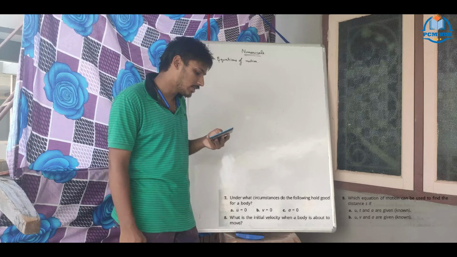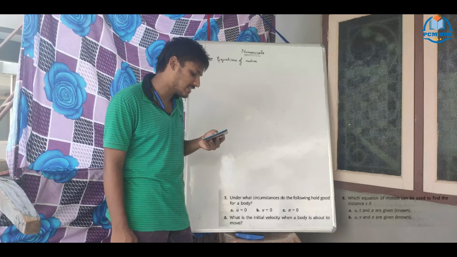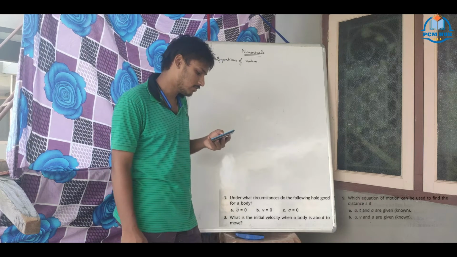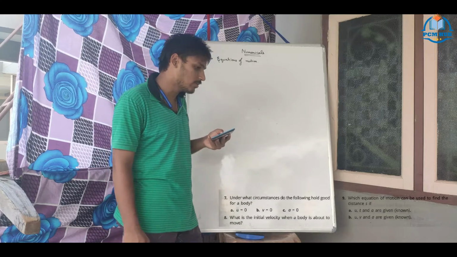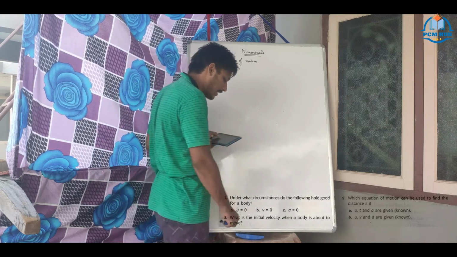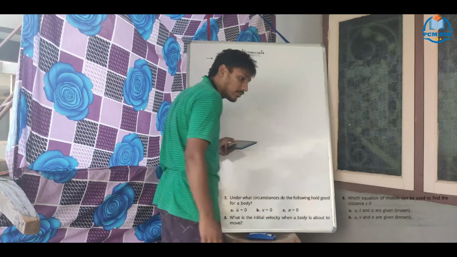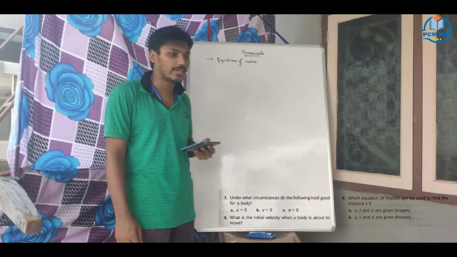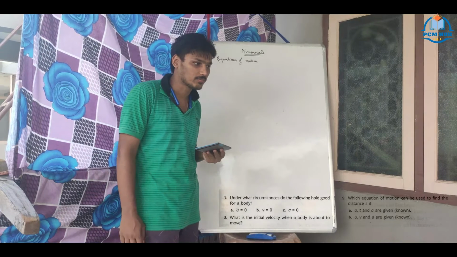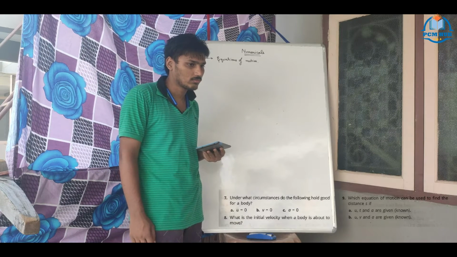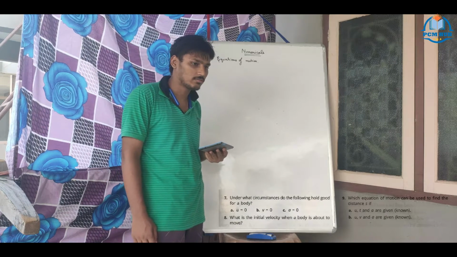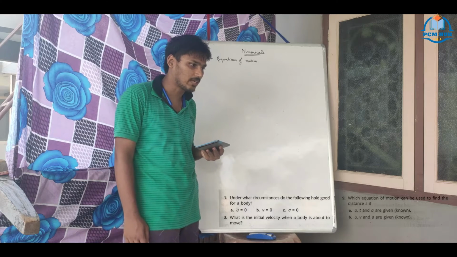Which equation of motion can be used to find the distance s? For distance, how many equations are there related to s? s equal to ut plus half at square.